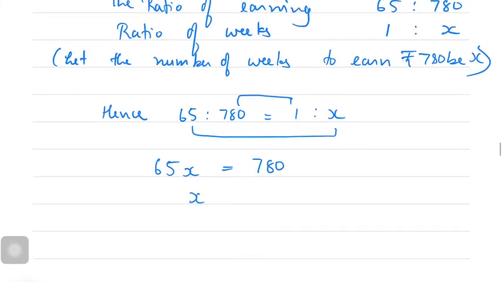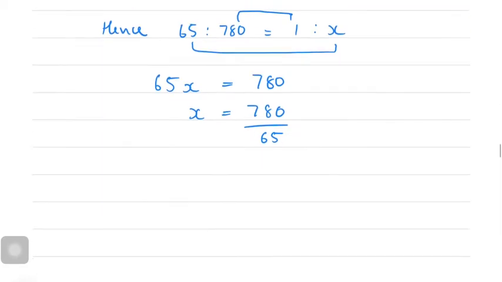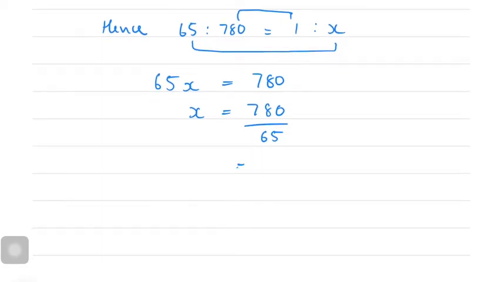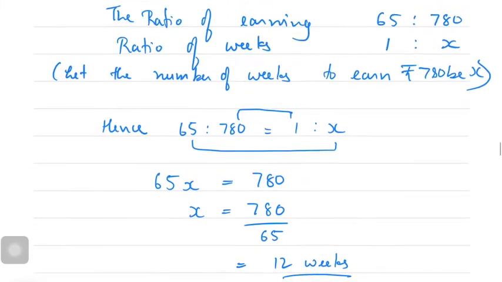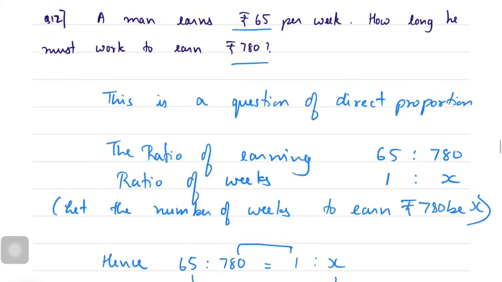Right? So X is equal to 780 upon 65. 780 divided by 65 is 12. So 12 weeks. Okay.